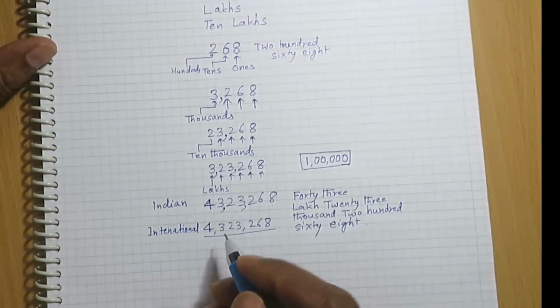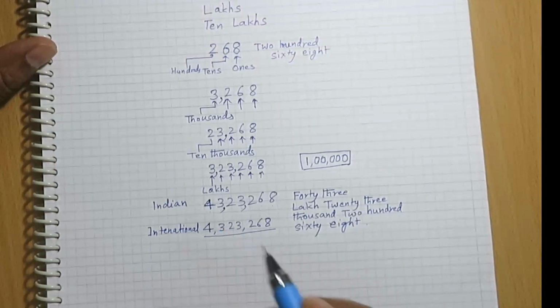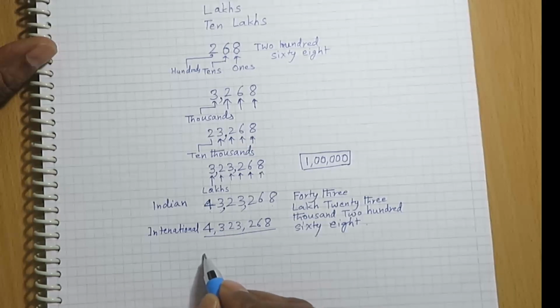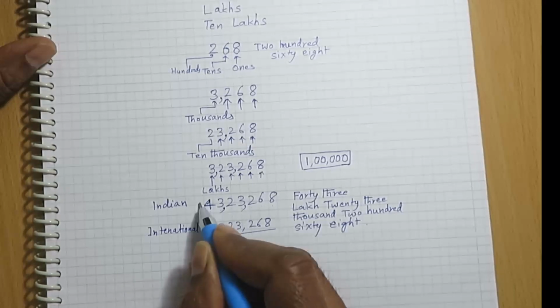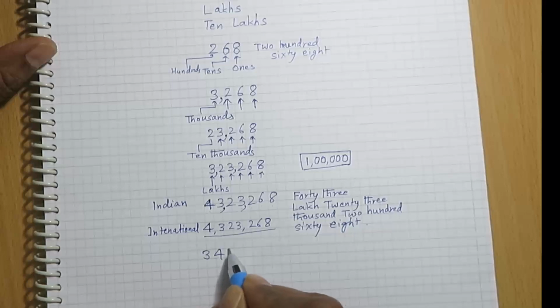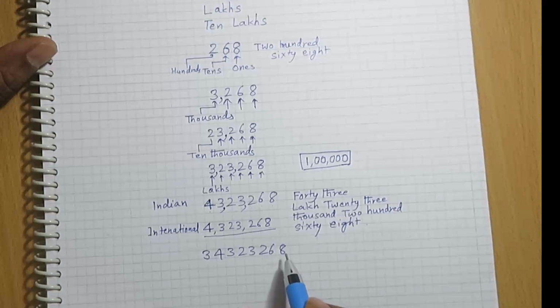So for the crores value, let me put another number here. Let me put 3 here. 3, 4, 3, 2, 3, 2, 6, 8. So this is a really huge number, a very large number.